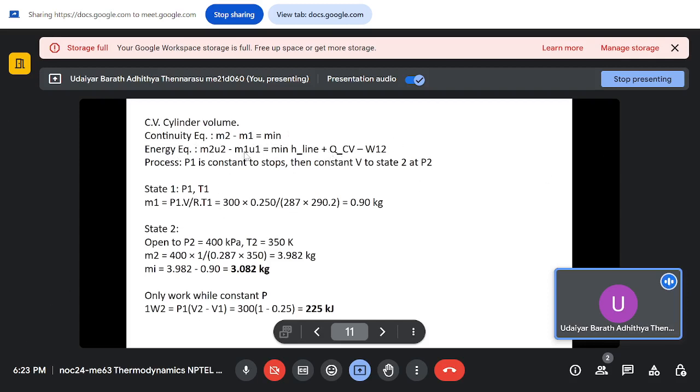So m2 u2 minus m1 u1, this is the change in internal energy, equals m_in h_line, the enthalpy entering the cylinder, plus Q_CV, the heat transferred to the control volume, minus the work done in the process 1 to 2.